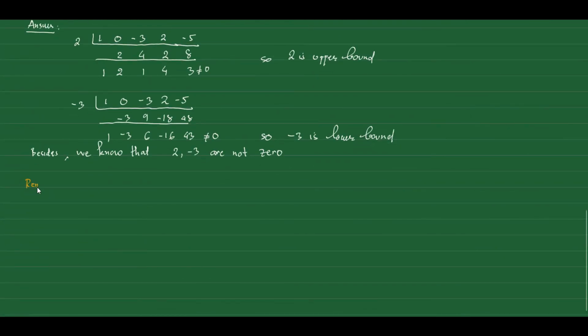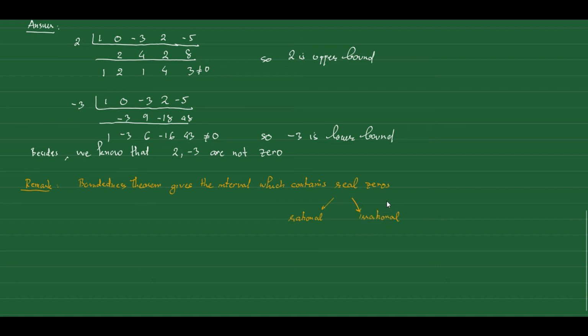The boundedness theorem gives you an interval on the number line which contains the real zeros. The real zeros could be rational or irrational.